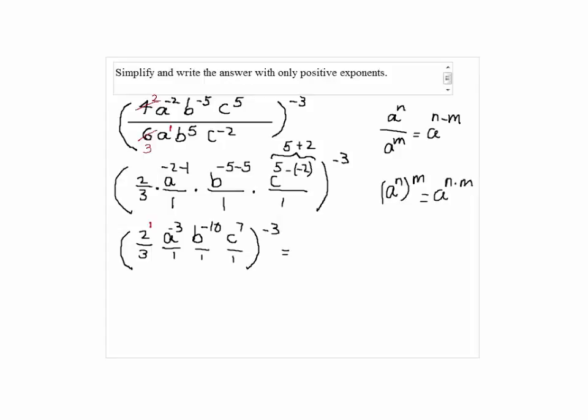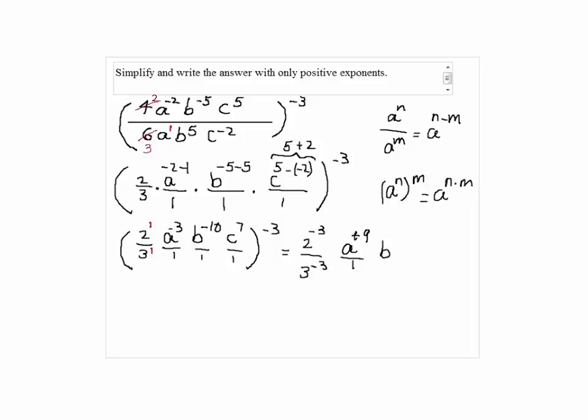So if I do that now, as you remember, a to the power of n to the power of m is equal to a to the power of n times m. And the exponents for 2 and 3 both are 1 here. So I would get 2 to the power of 1 to the power of negative 3 would be 2 to the power of negative 3, 3 to the power of negative 3.